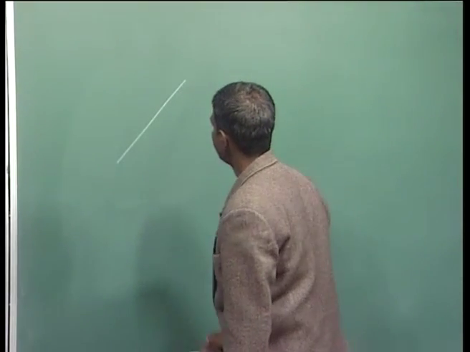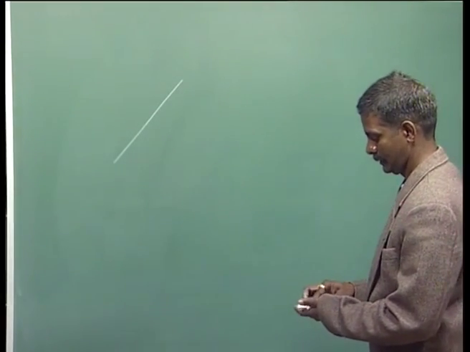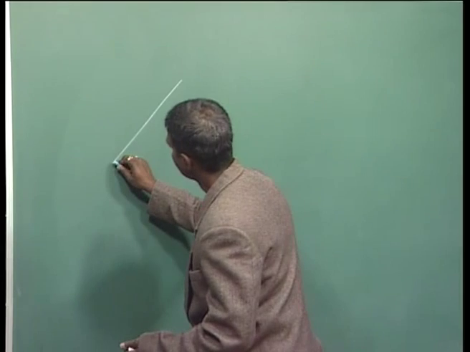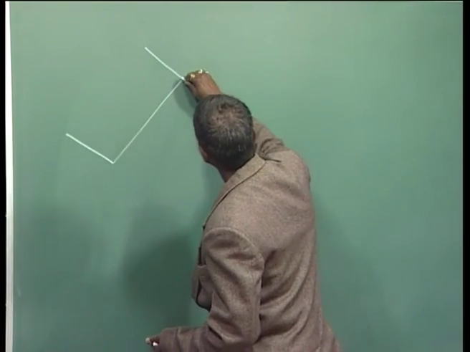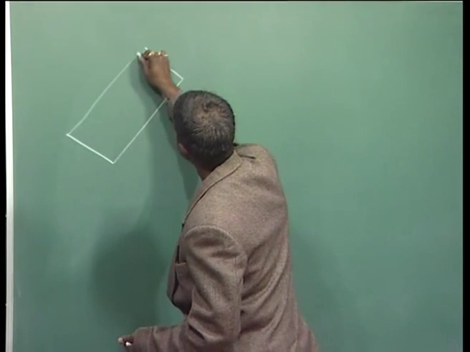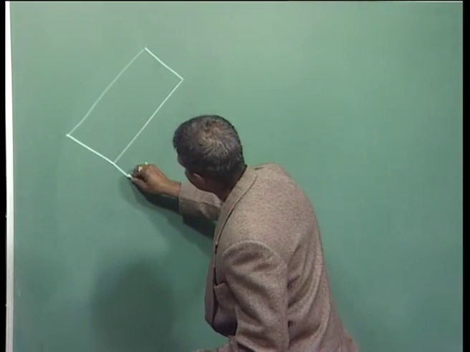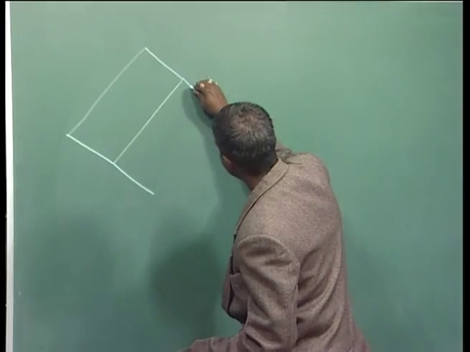Just in case if some of you are having visualization difficulty, let me try to sketch the features around that common edge on the board. This is the common edge. This is the first face from the block. This is the second face from the block.